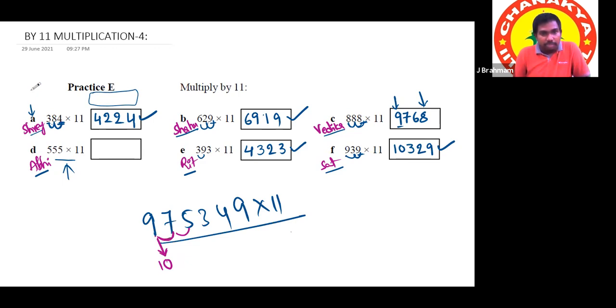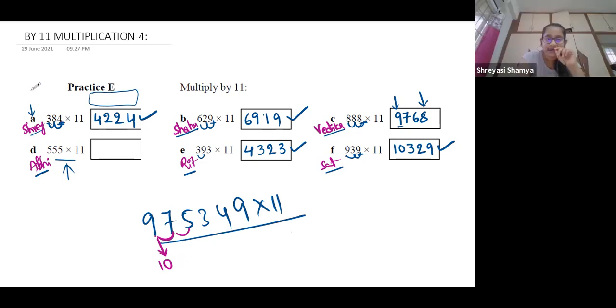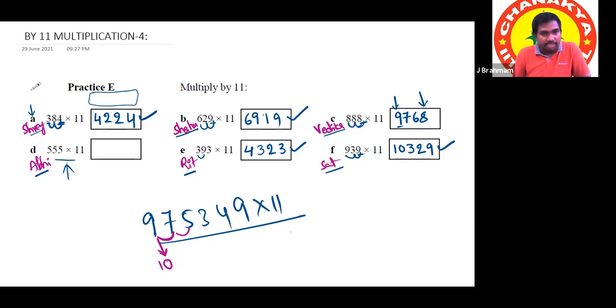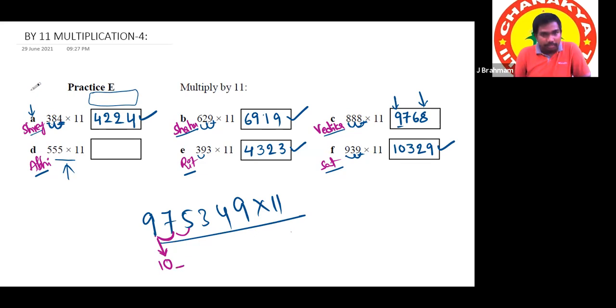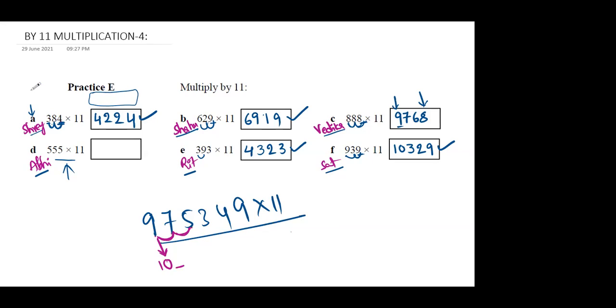Next, 9 plus 7 is how much? 16. You can tell just the end number, that is enough. 6 only. Here we need to write 6 actually, but by seeing the next place, 7 plus 5 is having a carry or not? Yes. That's why I'm writing 7 instead of 6.